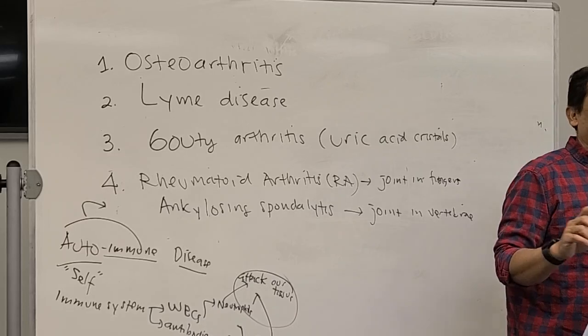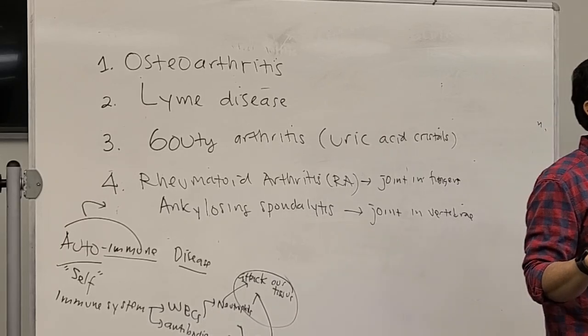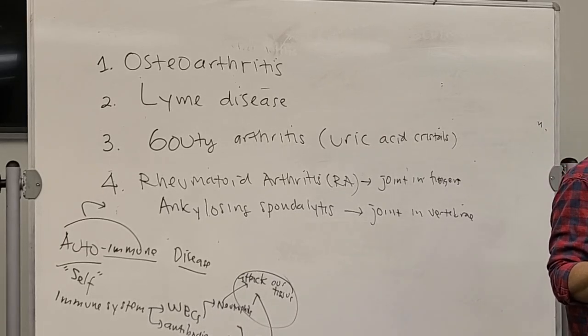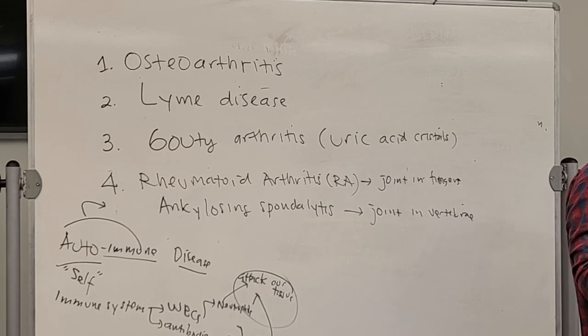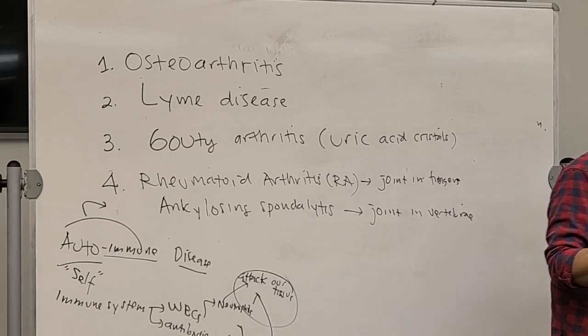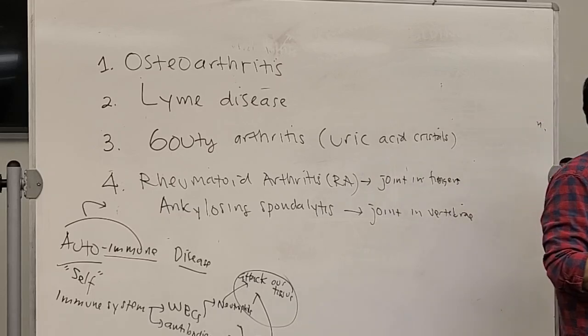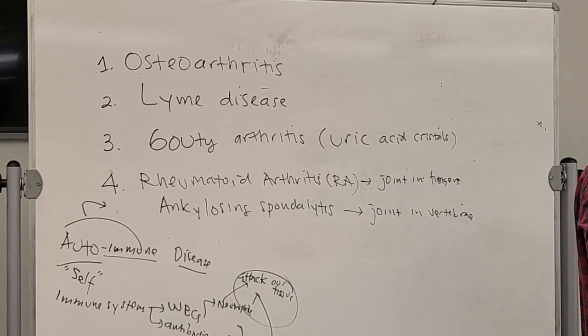Now, next, which one has stripes? Skeletal and cardiac. Right? Which one is smooth? Smooth muscle. Now, which one is able to repair? Only smooth muscle.